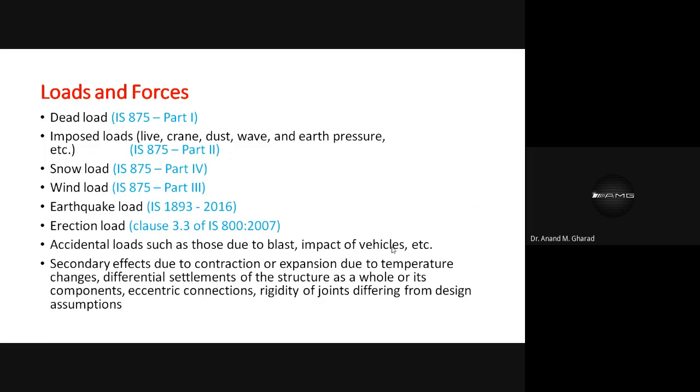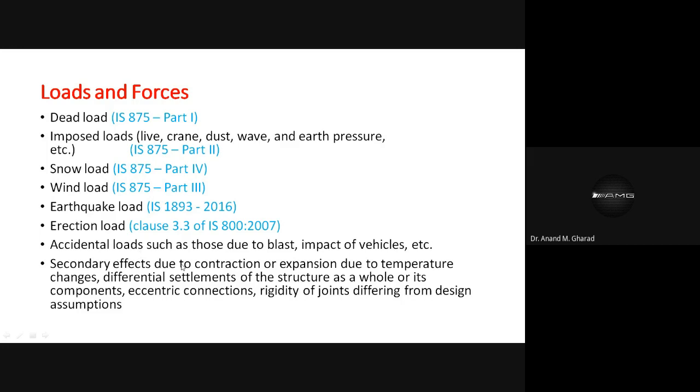Then the snow load, wind load, earthquake load, erection load, and accidental loads like blast, impact, vehicle, etc. There may be a few other loads, such as the secondary effect due to contraction or expansion due to temperature changes, and differential settlements of the structure as a whole or component. So these are secondary forces which may come into the picture. However, we should take care of these forces.